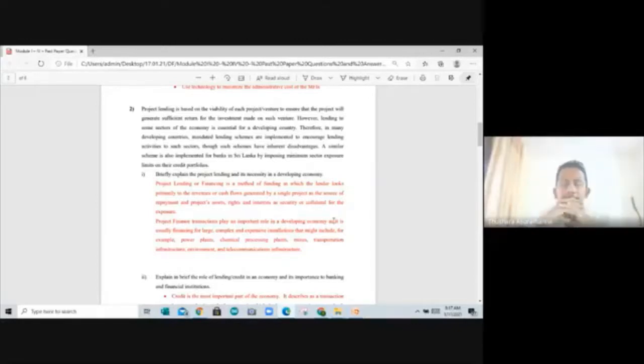So what do you think? What is basically project lending? Now we know it's an investment, a contribution, a support towards bigger projects in an economy, maybe infrastructure projects or industrial projects. So generally, what do you expect? Obviously employment generation is one. Number two, it could support exports.